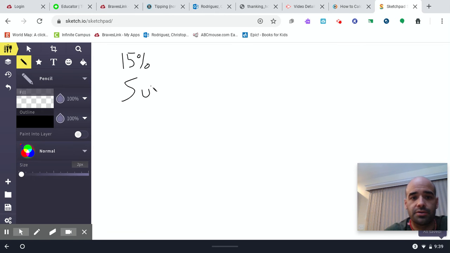So the subtotal is the amount that you're paying for the goods. If you went out to eat, it'd be the amount you're paying for just the food itself. So if you bought a burger and fries, how much did the burger and fries cost?